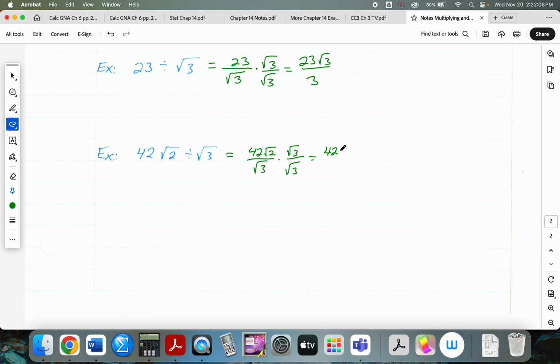That'll give me 42 square roots of 6, just multiplying the square root of 2 and the square root of 3 together, over 3. Will 3 divide evenly into 42? Yes. How many times does it go in? 13. Try again? 14. Yeah, 14.